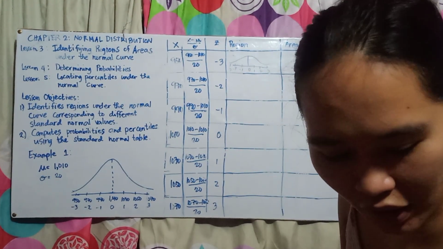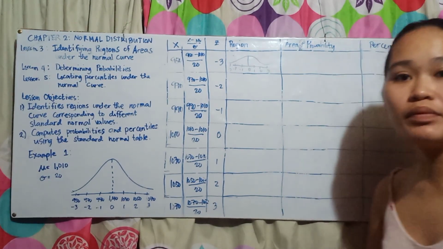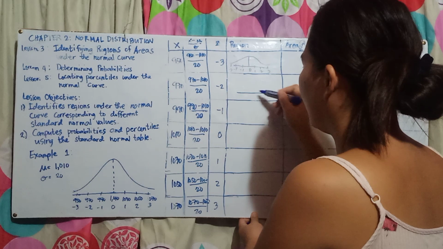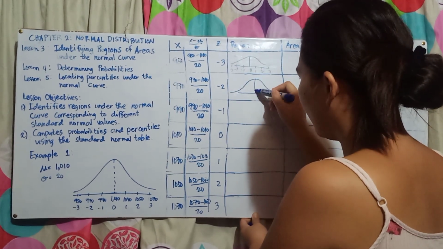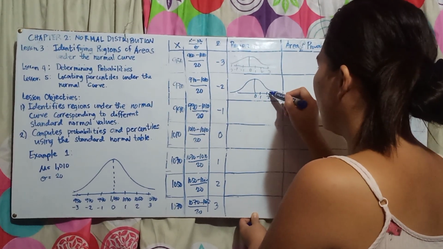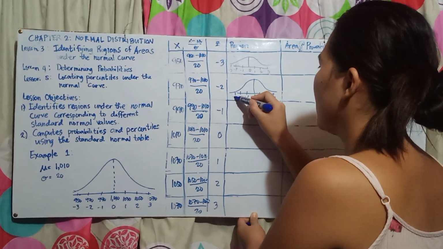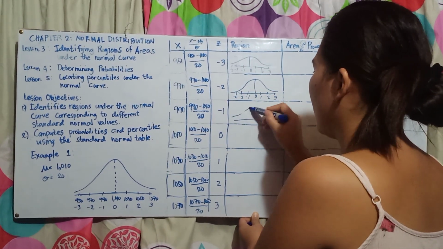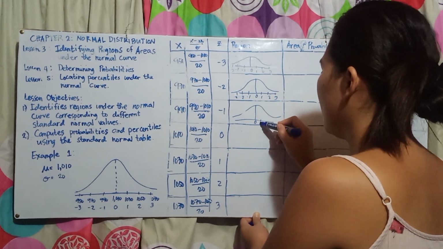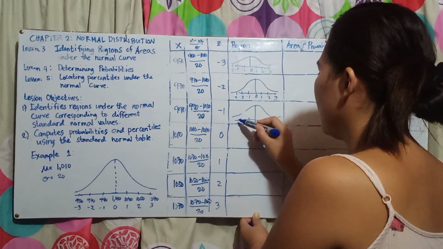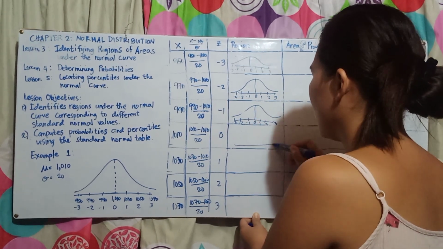Kasi yun ang almost 100% na percentile. Mag-drawing lang ka. 1, 2, 3. Negative 1, negative 2, negative 3. Para curve lang dyan. 0, 1, 2, 3. Negative 1, negative 2, negative 3.